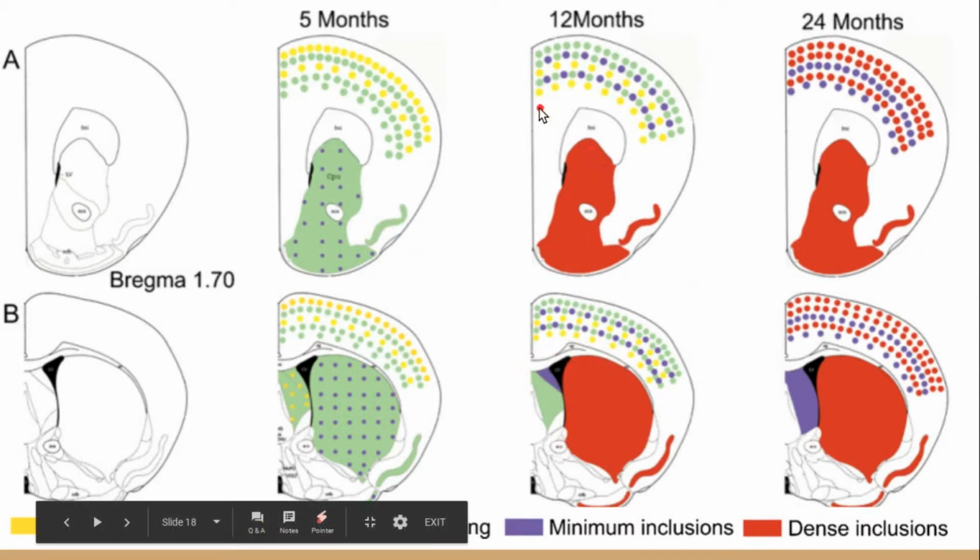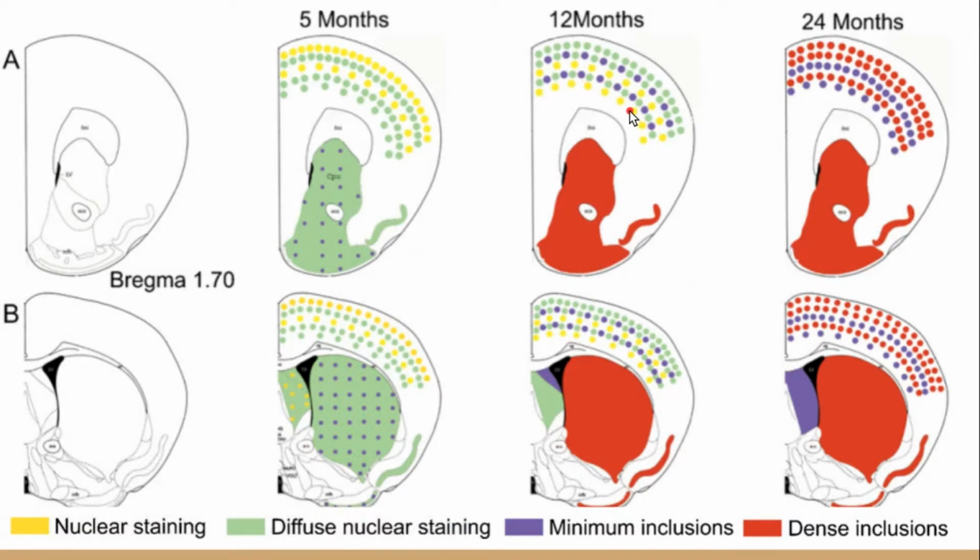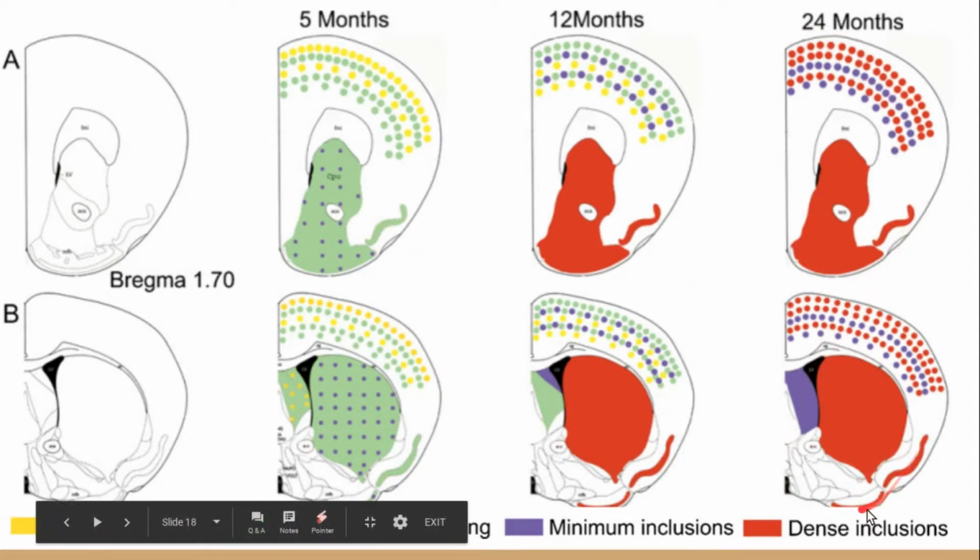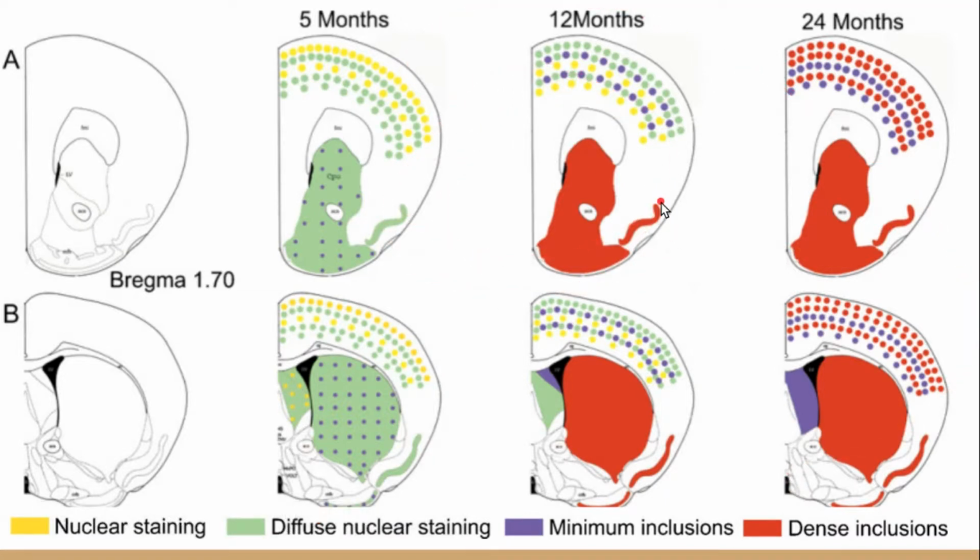The cortex is only showing minimal inclusions, and instead the cortex mostly still has diffuse Huntingtin staining. However, by 24 months, we see that the cortex has also been enveloped by dense nuclear inclusions, and there are many other brain regions also showing this phenotype that are not depicted in this figure.